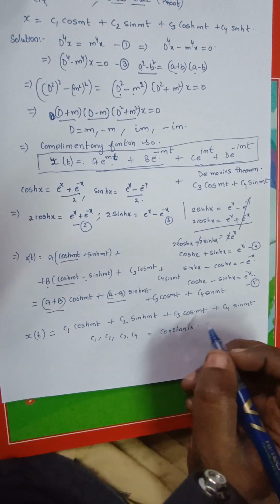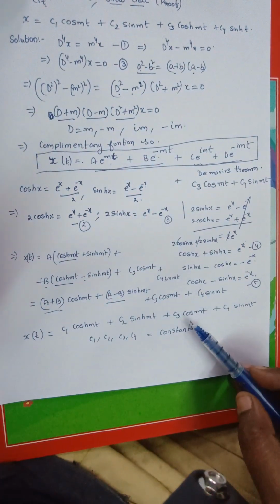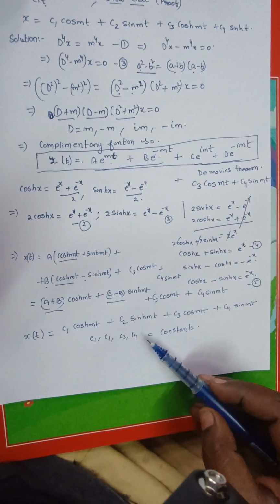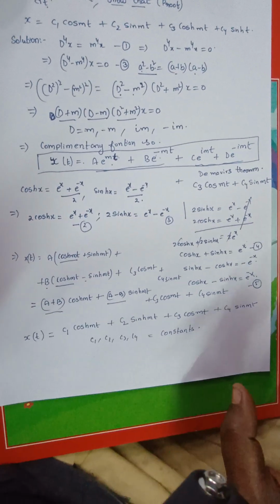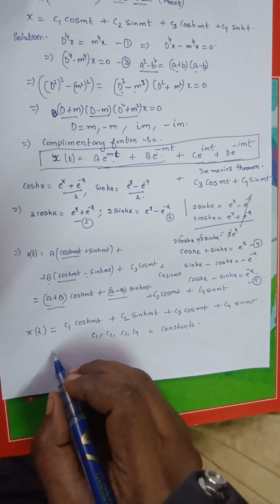Okay, and see what we have to prove: c1 cos mt, but over here it is c3 cos mt. No matter how, whatever the constants are, you can write them whichever way you like, whichever way you choose to write it.